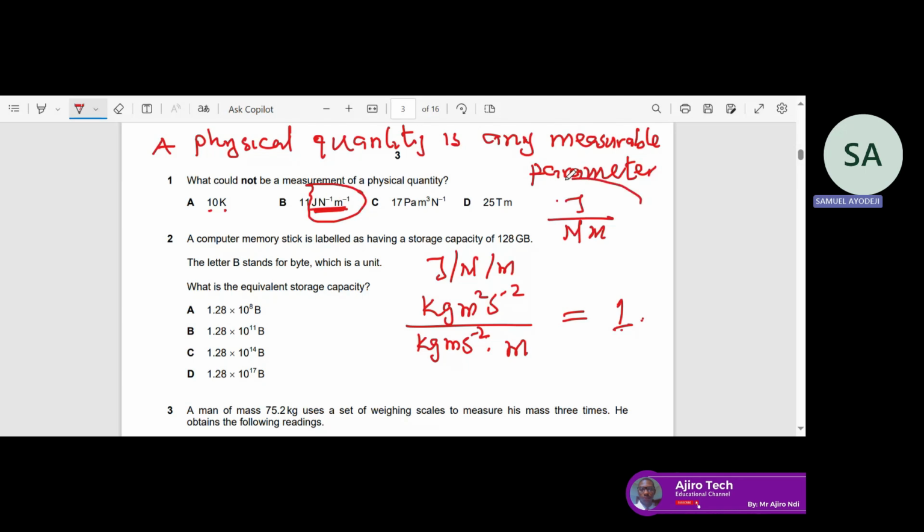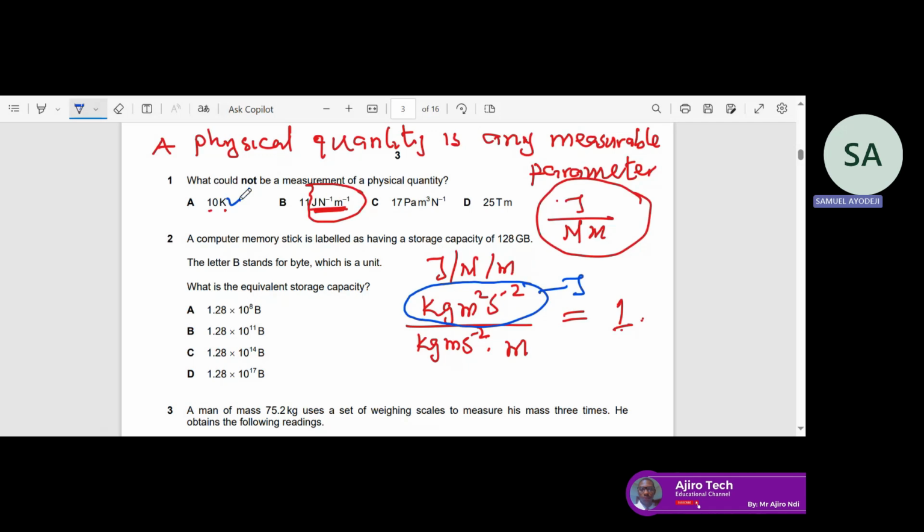Do the mathematics. Joule represents energy, and meter is for the length. Do you understand now? Yes. Okay, so this is possible.